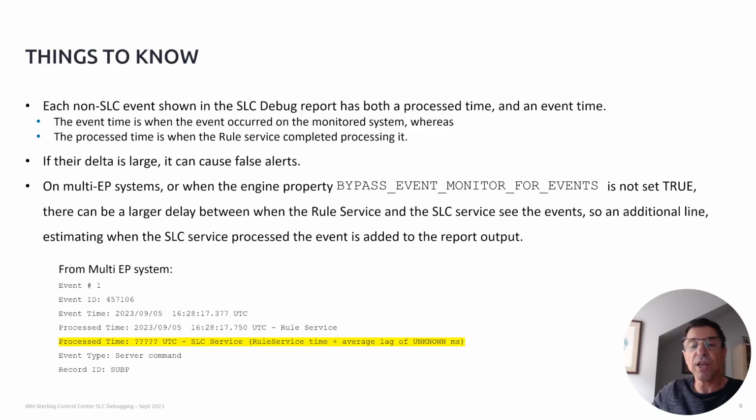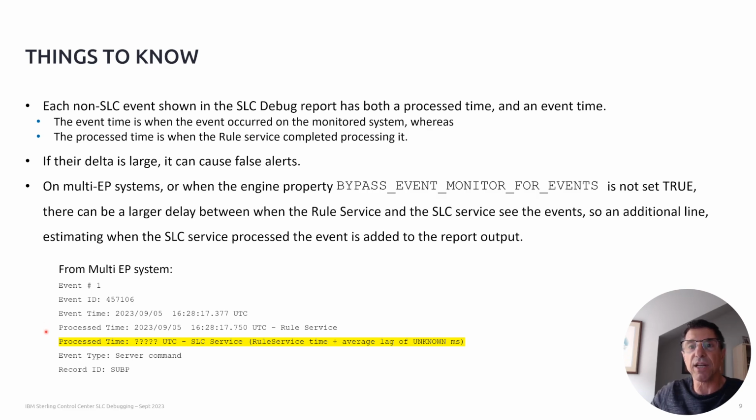When you're looking at your SLC debug report, we'll have this information on top of the events that the report contains. And this first one, the event time, that's when the event occurred on your monitored system, monitor server.